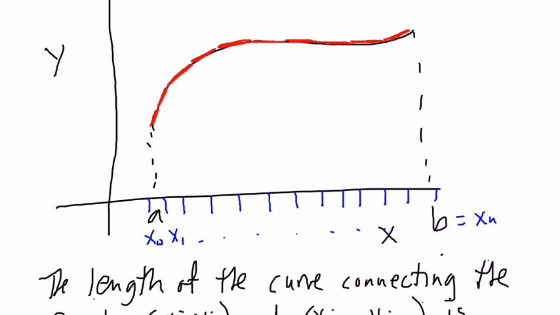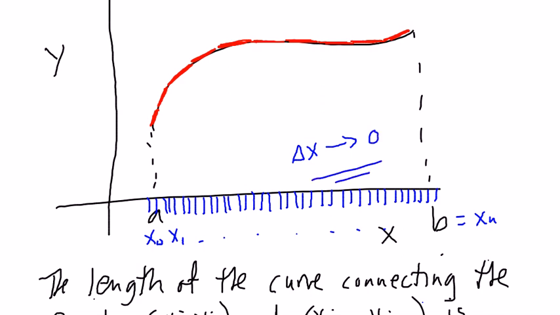In other places you're not, but as you thin out the regions, so you add more points, those lines become more and more like the function, and you get a better estimate for what the length of that curve is. So in this case we allow delta x to go to 0.